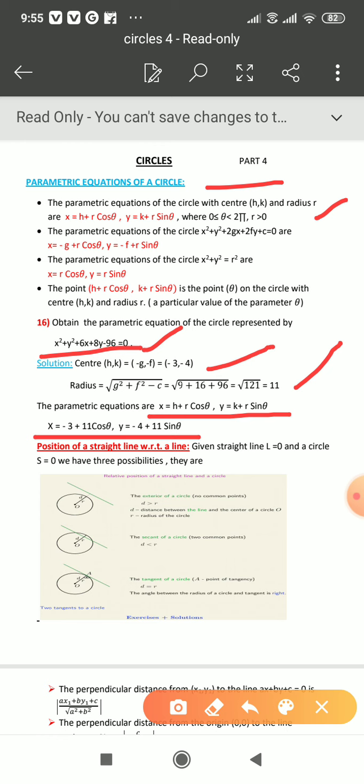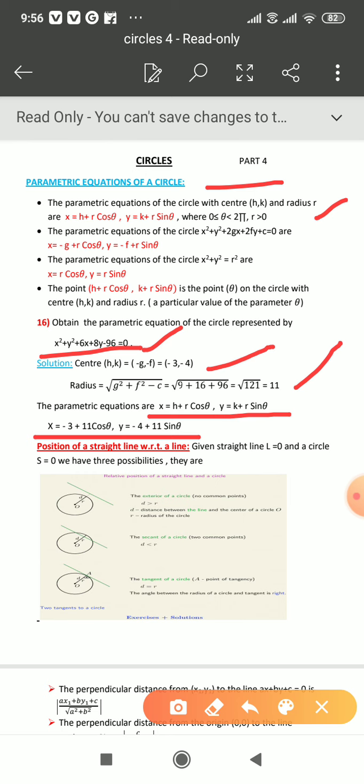Now we discuss the position of a line with respect to a circle. Already we discussed the position of a point with respect to a circle in our previous session. If P is a point on the circle, S11 is equal to 0.